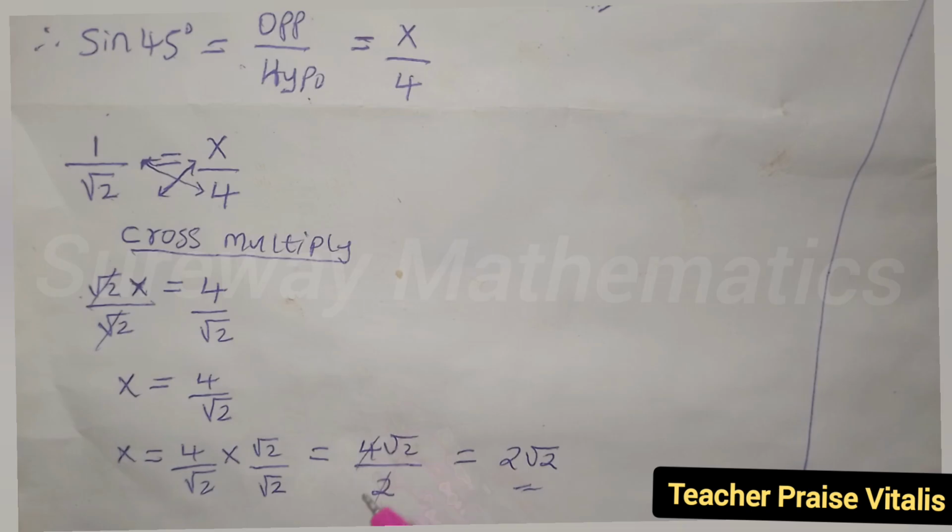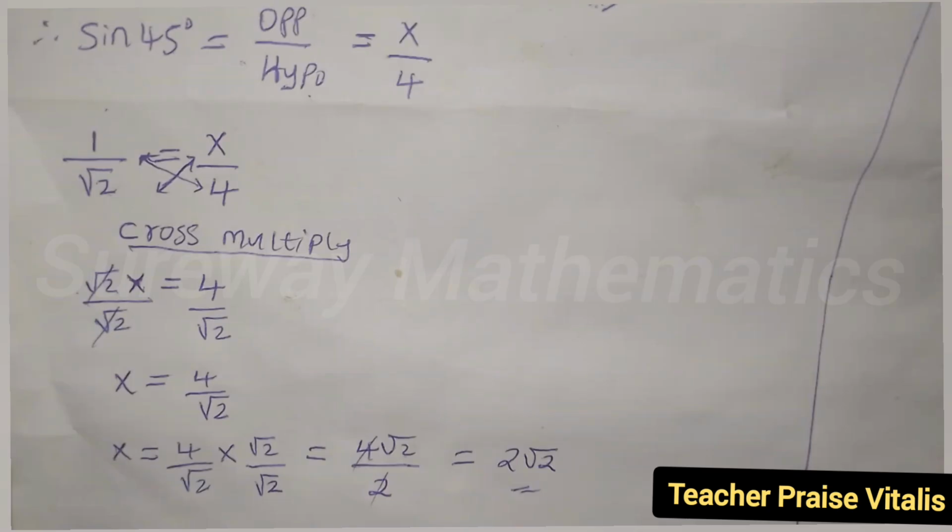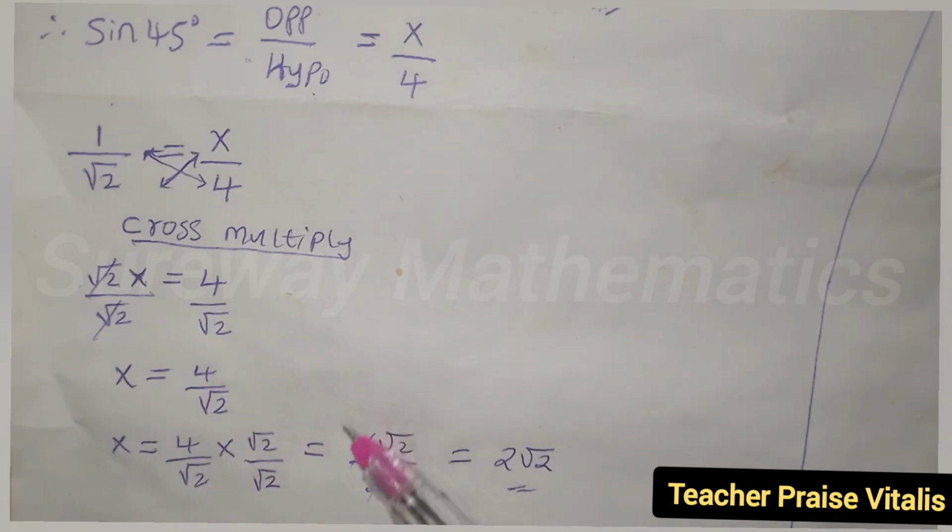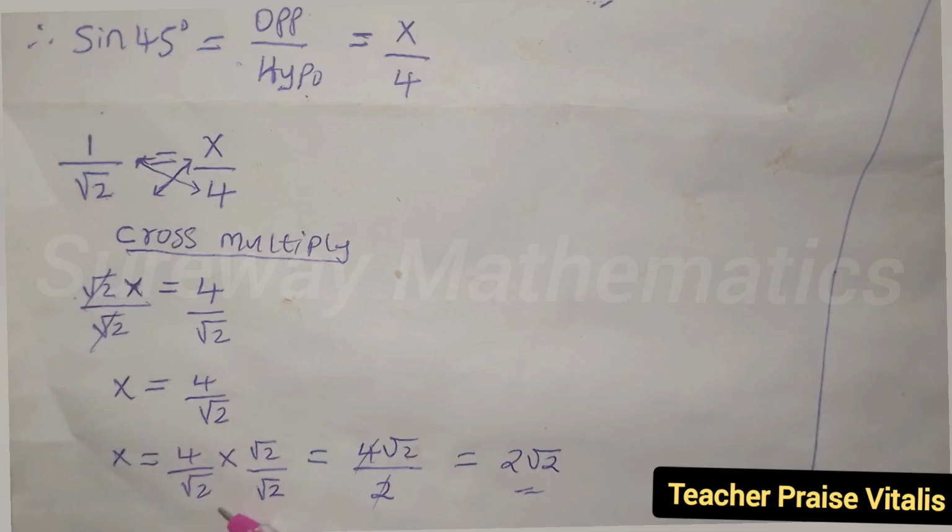Now in mathematics we know that a solution cannot have a root as the denominator. So what do we do in this case? We rationalize by multiplying both the numerator and the denominator by the value of the denominator. We have x equals 4 over root 2 times root 2 over root 2.